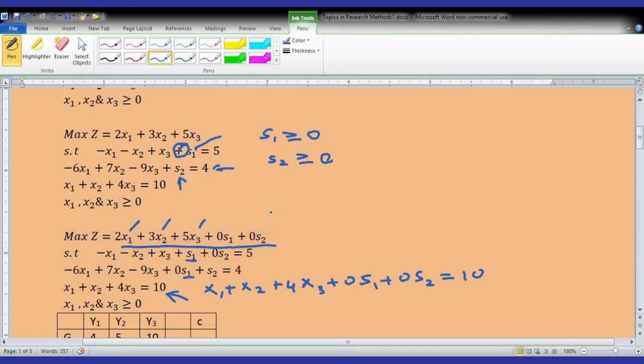So why I have done that is that now I have all these equations such that each equation, the equation of the objective function as well as all the constraint equations, have all the variables with which we will be dealing in this linear program.